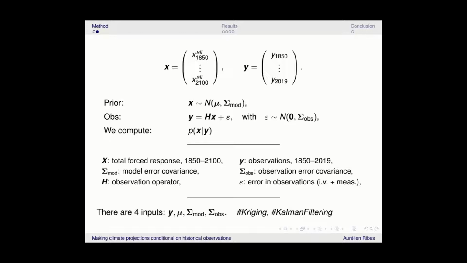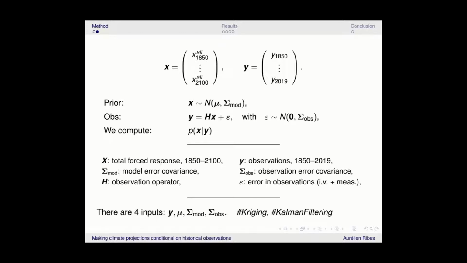So you have this covariance matrix for y, which accounts for the two effects. And it's quite easy, because everything is Gaussian here, to calculate the distribution of x given y. And that's what we do. The mathematics here are exactly the same as you do in Kriging and also in Kalman filtering.